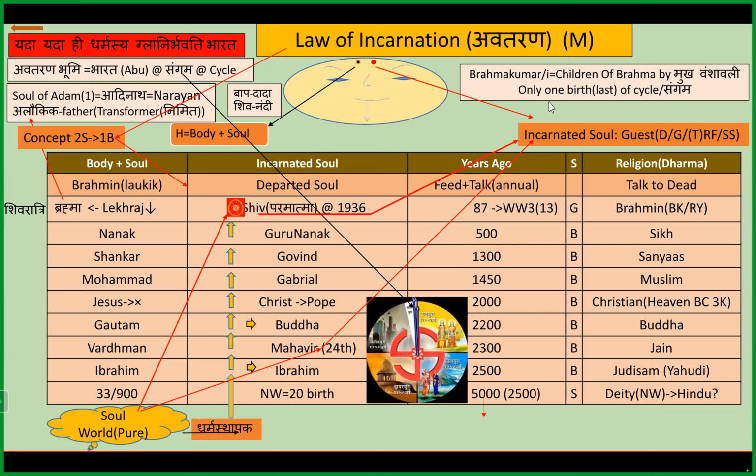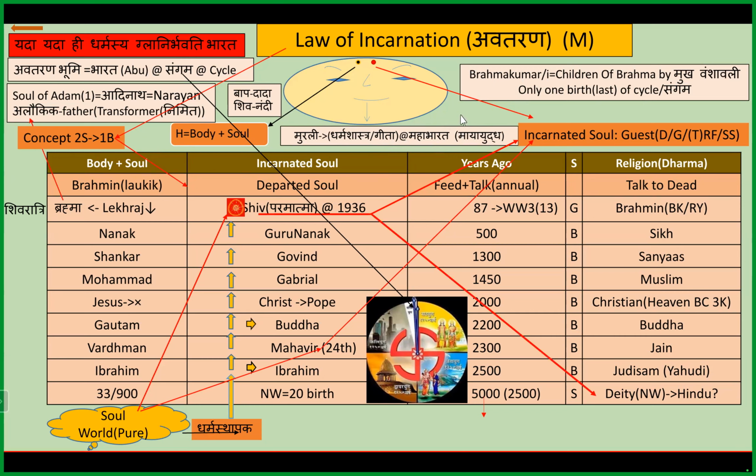This opportunity is given only for the last birth of the Sangam. Everybody is given an opportunity for only one birth. And that one true religion is established by the Murli, which is actually the real Gita, and that is before the Mahabharata, before the transformation happens.